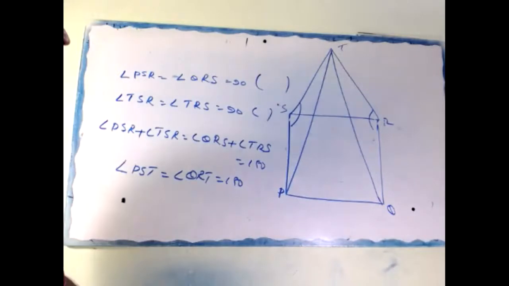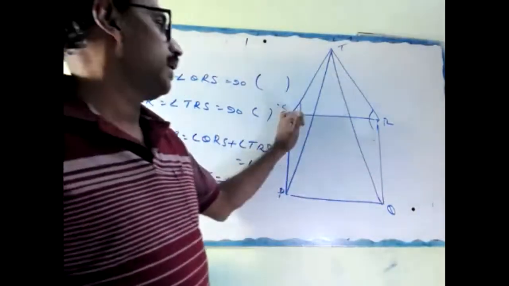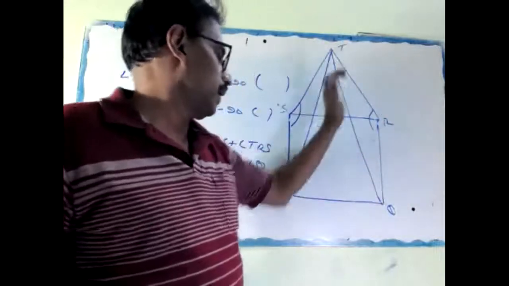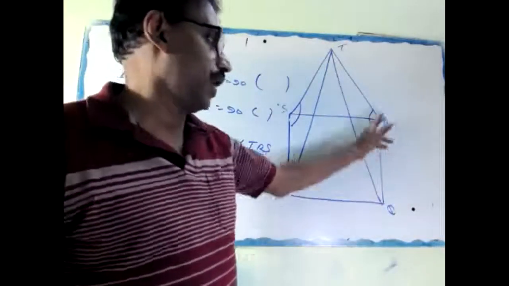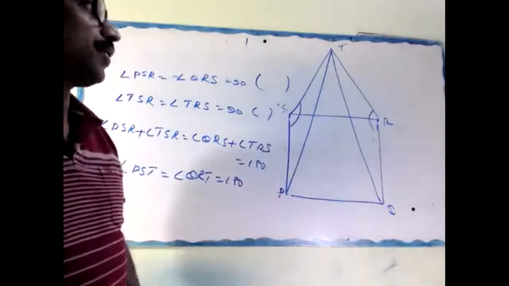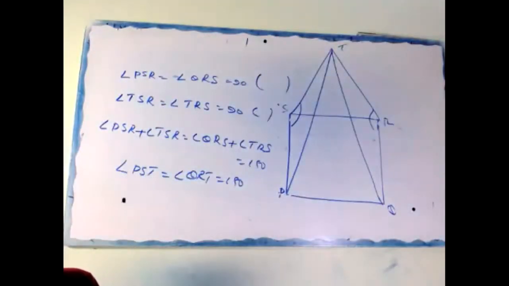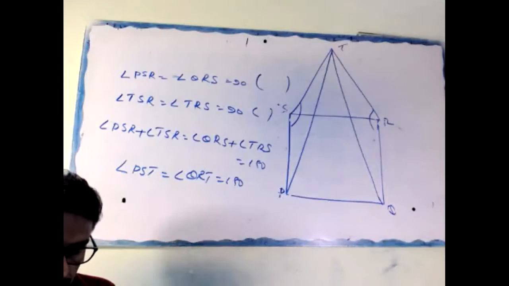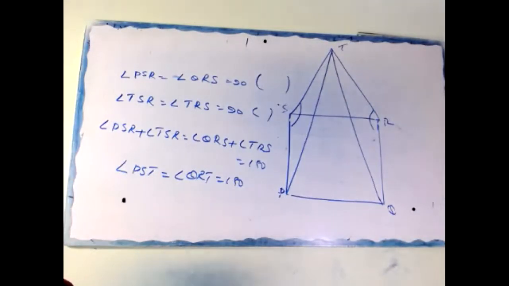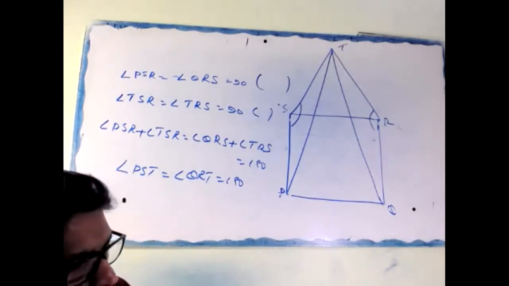Okay, after that, in triangles PST and QRT, PS equal to QR, sides of a square. Angle PST equal to angle QRT, 150 degree. ST equal to RT, each side of an equilateral triangle.